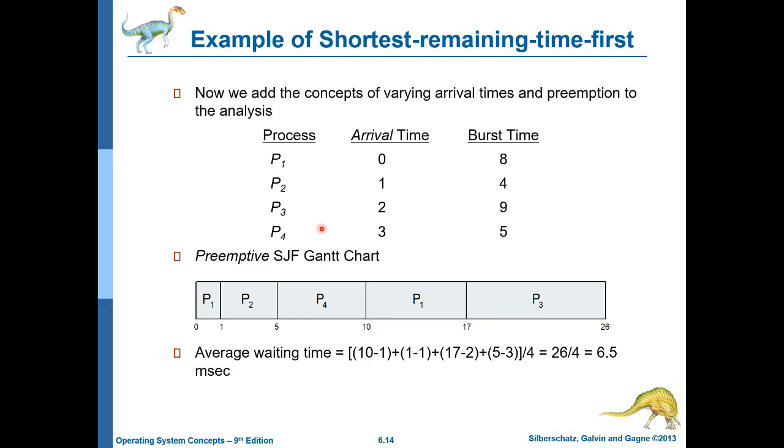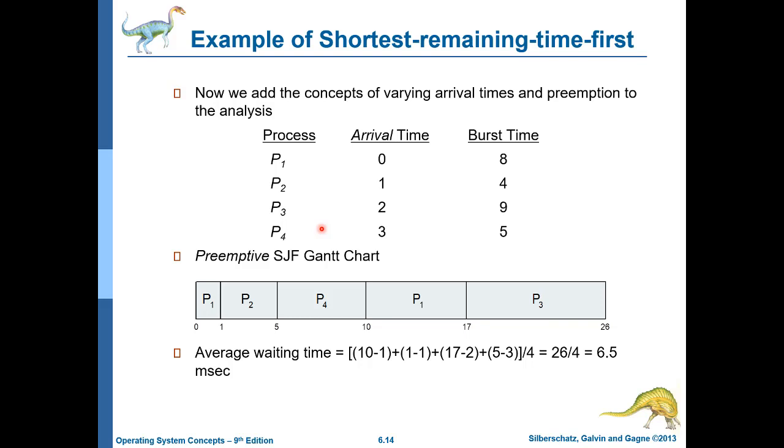So P1 goes to the CPU, and after one time unit we see that another process P2 has arrived, and when we compare the remaining time, P2's burst time is only 4. By this time P1 has done only 1 unit, so the remaining time of P1 is 7 and P2 is 4. Now 4 is less than 7, so we make a context switch and bring P2 to the CPU.